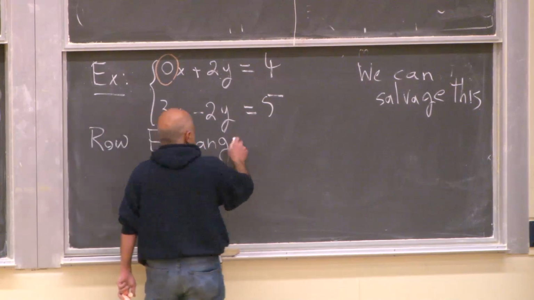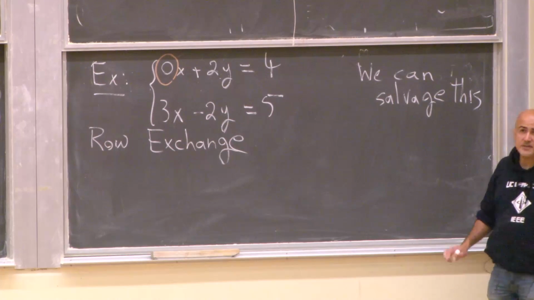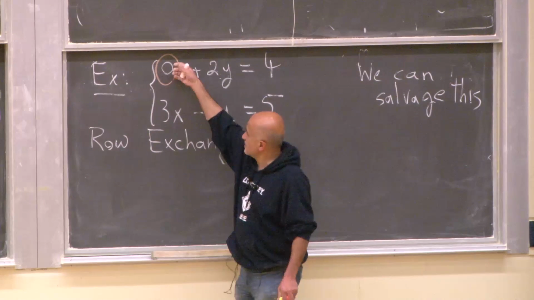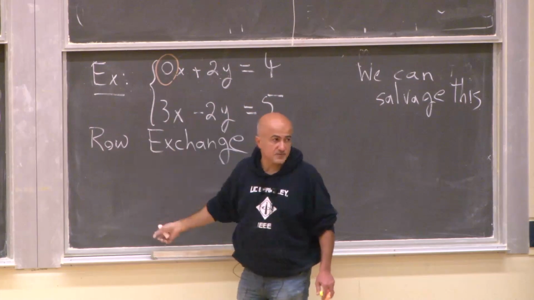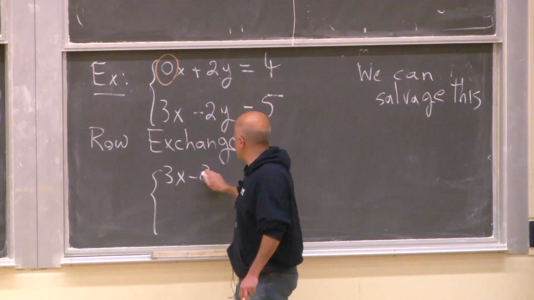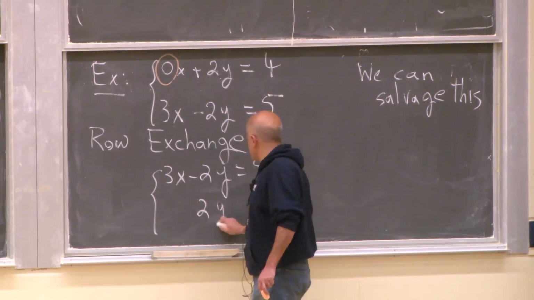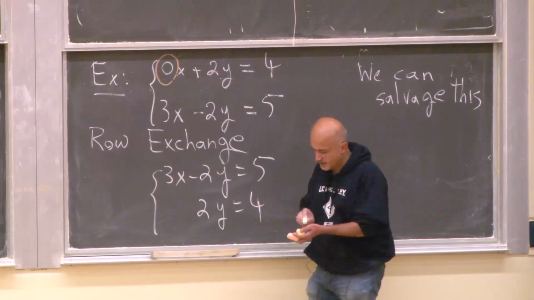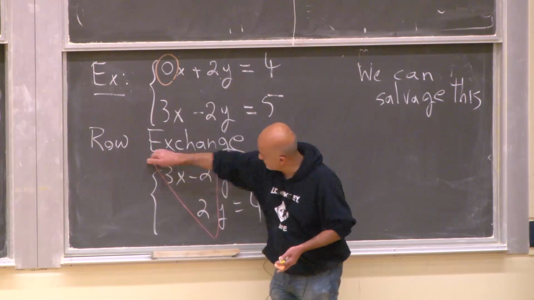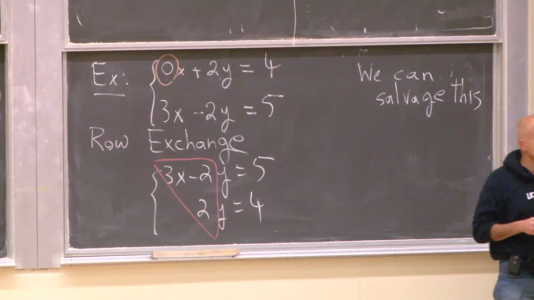Row exchange is the only fairly straightforward operation that you can do to resolve a situation where you can't eliminate any of the further coefficients. So in effect, you're relabeling your equations. You're going to keep this as equation 1, and you're going to keep this as equation 2. And this is already now in upper triangular form. So right here, you've got non-zero pivots. It's got a unique solution. I'm not even going to bother talking about the solution.